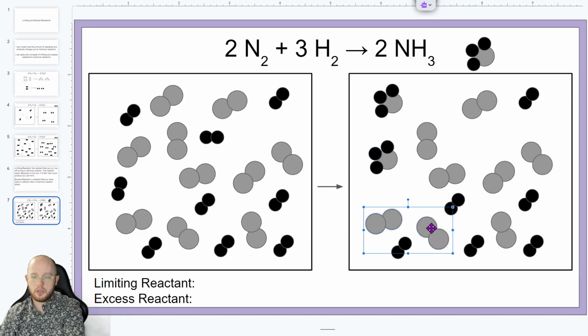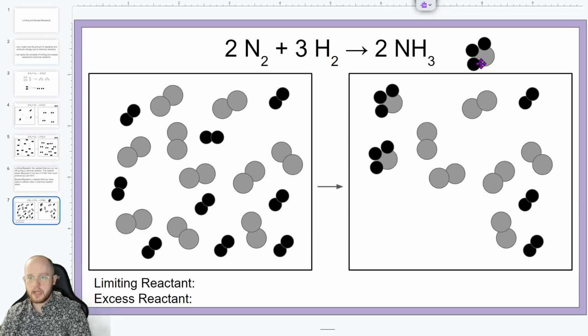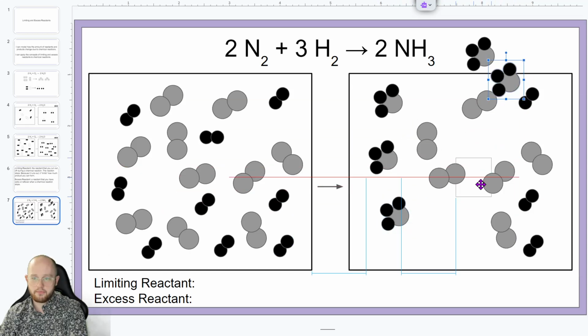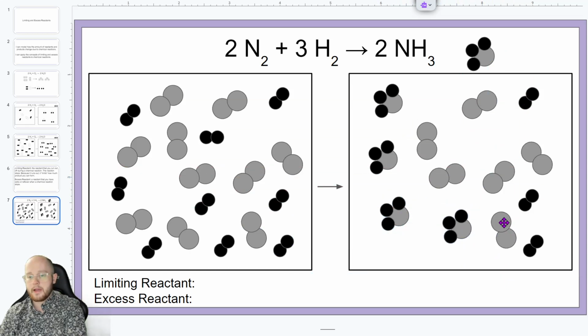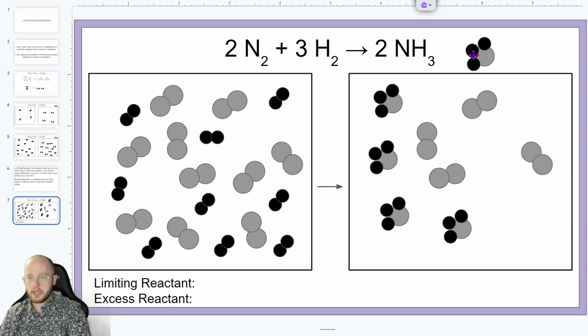I have 2 nitrogens and 3 hydrogens. They're going to react, and I'm going to be left with 2 ammonia molecules in their stead. I have 2 nitrogens and 3 hydrogens. Those are going to react and form another 2 ammonia molecules.